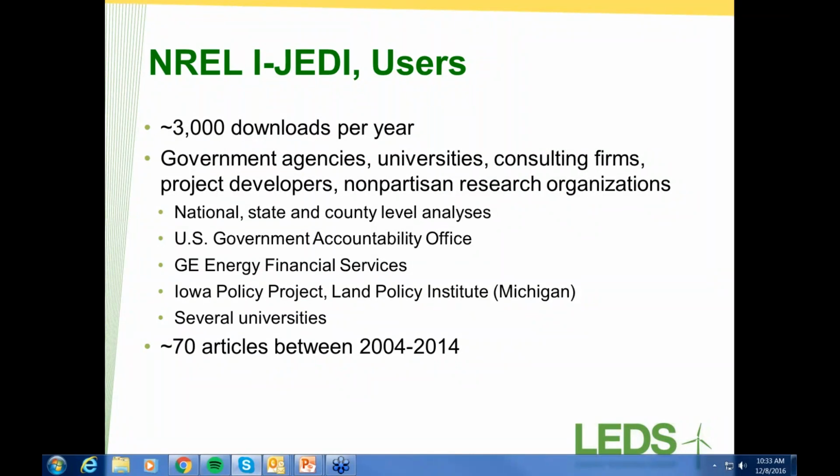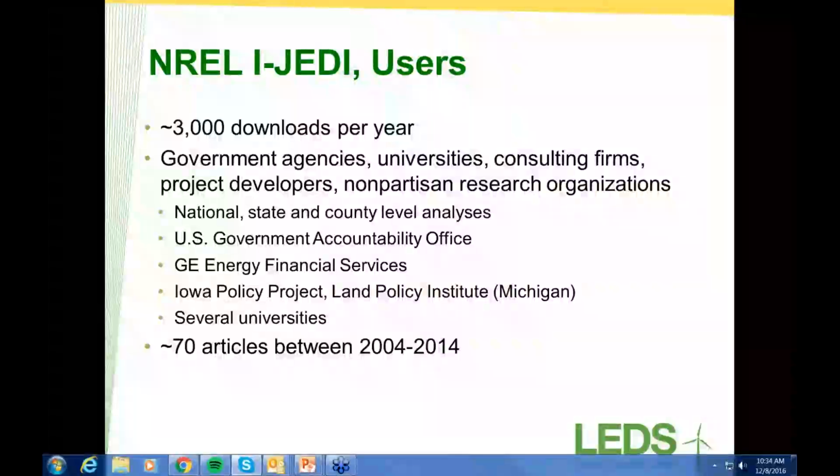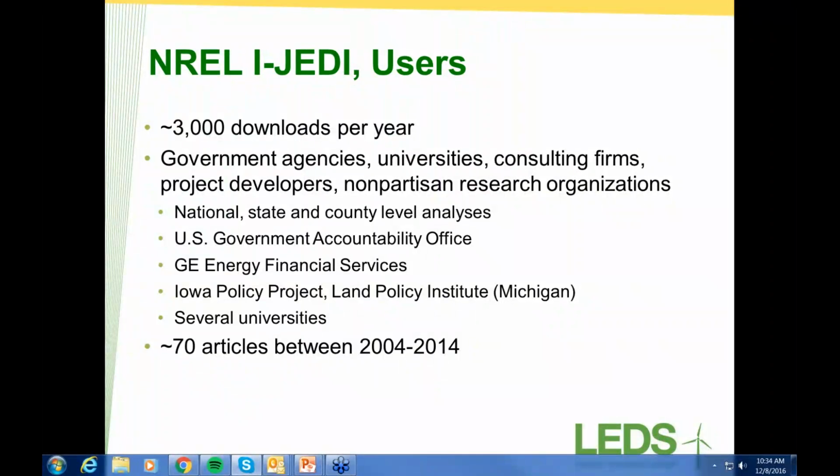And last year, we researched who has been using our model, and we found 70 articles between 2004 and 2014 featuring analysis that used our tool at some level. Next slide, please.